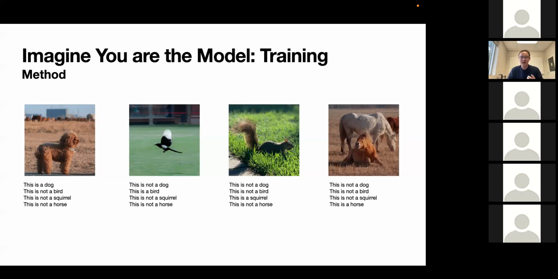Let's imagine we have just four images, which is quite enough for a human. Each image is labeled with natural language: this is a dog, this is not a bird, this is not a squirrel, this is not a horse. These quite robotic labels just simulate how the model learns. We don't have to learn this ourselves.